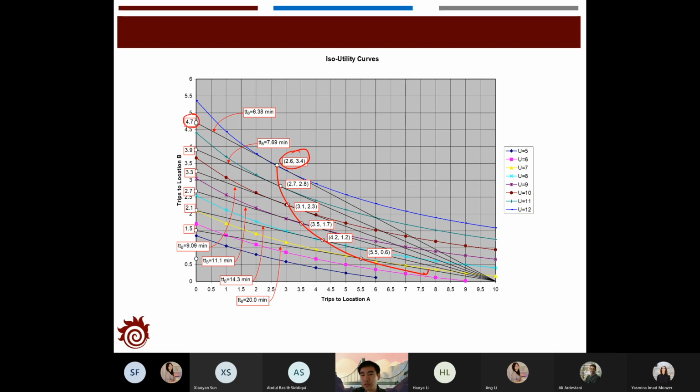And for your homework assignment, for some settings, if you choose this region, you may only find 2 or 3 isoTD curves where you can get the tangent point.